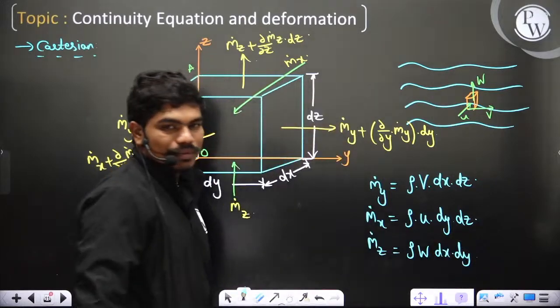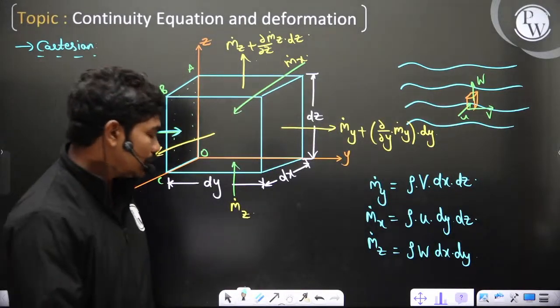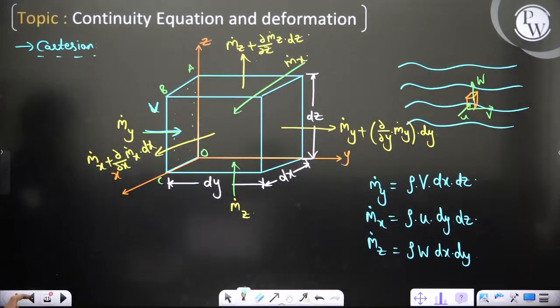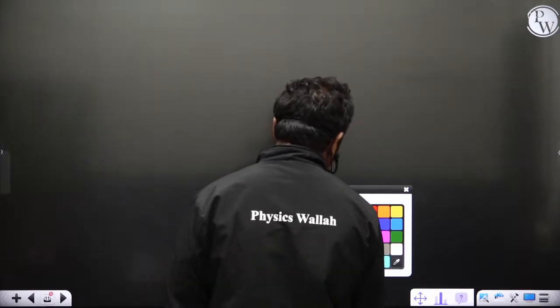Okay, because mass flow rate is equal to rho A V, but one thing that you have to understand carefully, before this I think I might have explained it to you. Fine, I'll explain it here. Look, let us suppose you have a pipe.